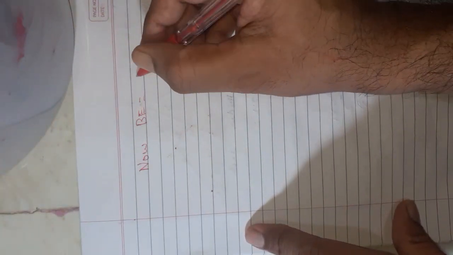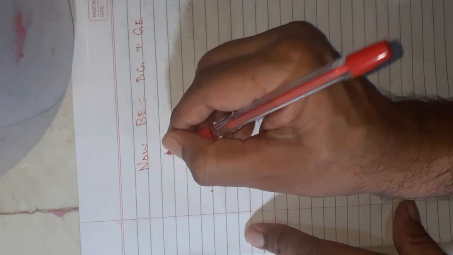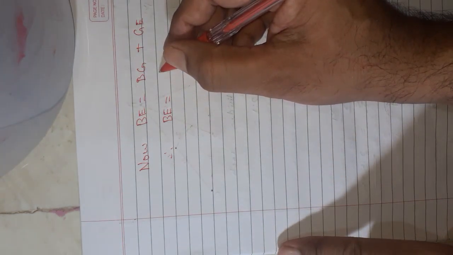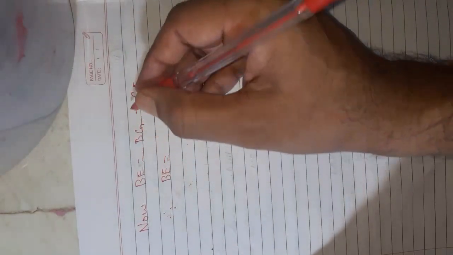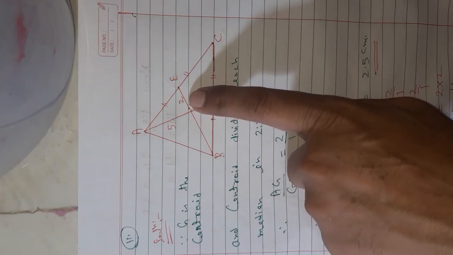Therefore BG is how much? 4 centimeter we got. Clear? So BE is equal to BG 4 plus GE. GE was how much? 2 centimeter it was given.